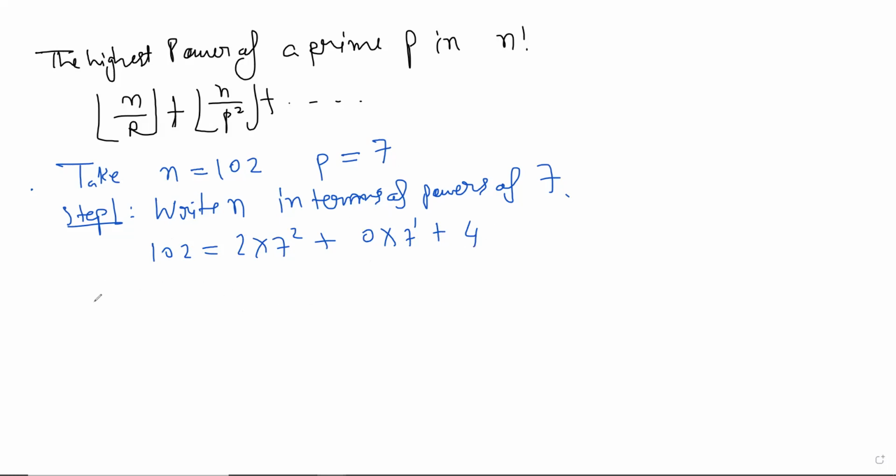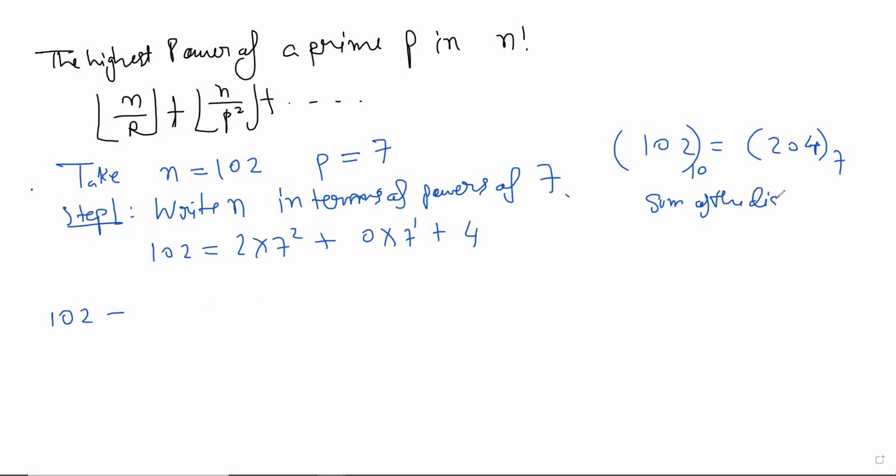Now consider the number n. So 102 is 204 in base 7, right? You can write it like this. This is written in base 10, but now let us take the sum of the digits, that is 2 plus 4.